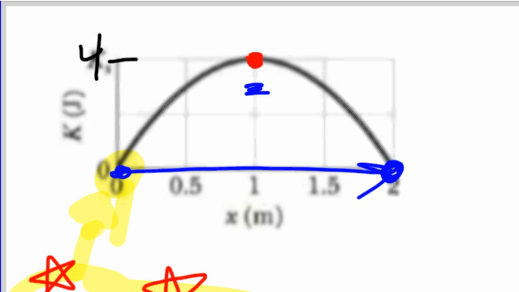So here we go. Integral of what's the force of the spring, you guys? Negative kx, right? And I want to go from 0 to 2 meters, right? So what's the integral of negative kx? When you take an integral, your exponent should get bigger.